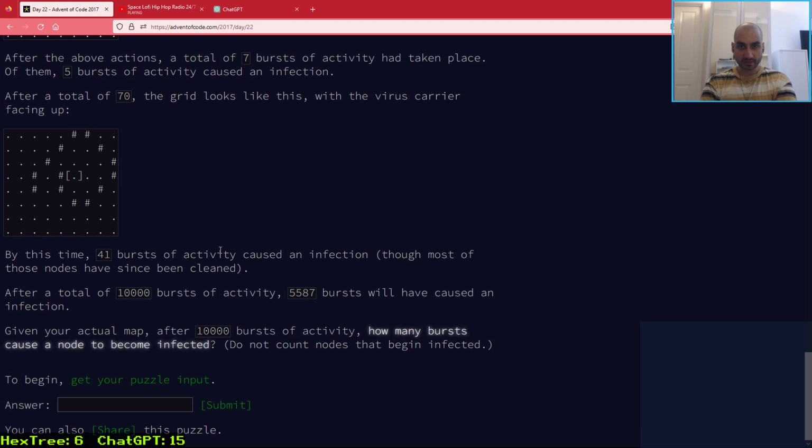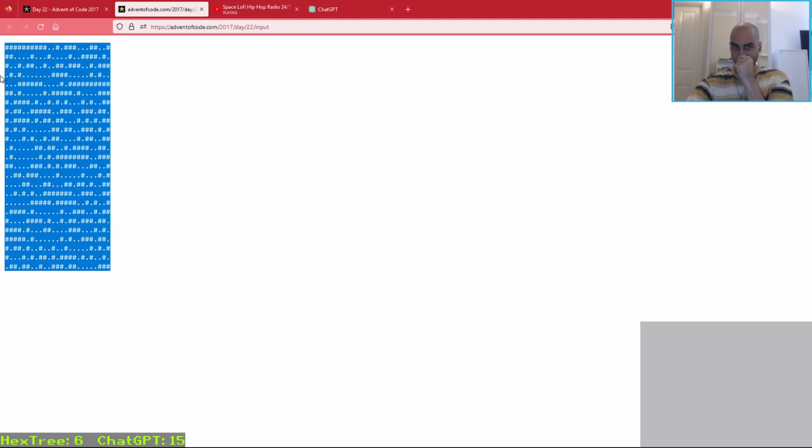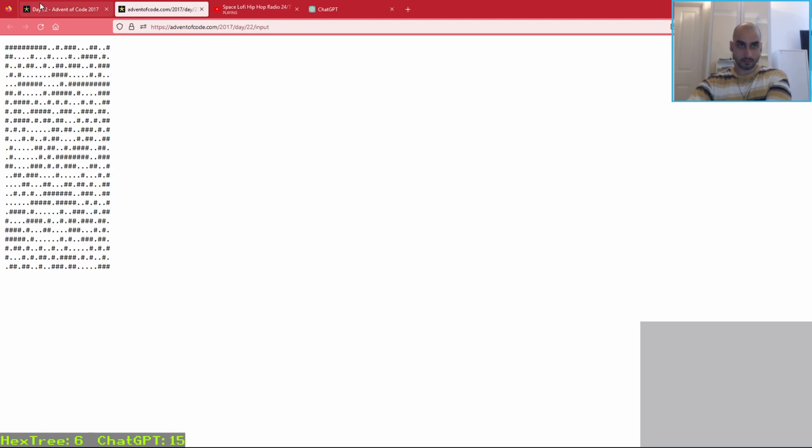After 10,000 bursts, how many bursts cause a node to become infected? Okay. That is our map, alright. Where do we start? We start in the middle of that.